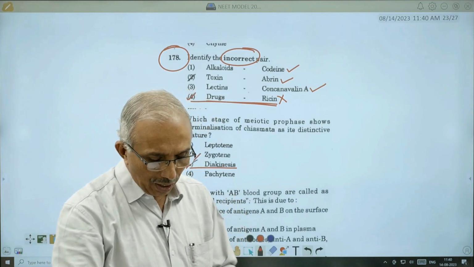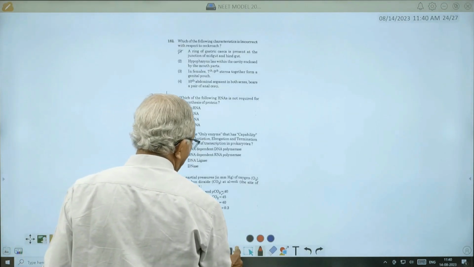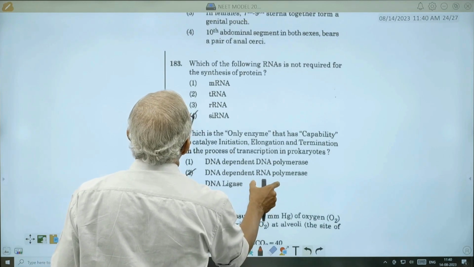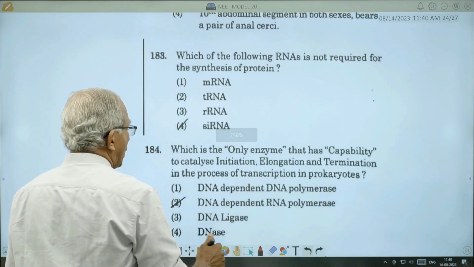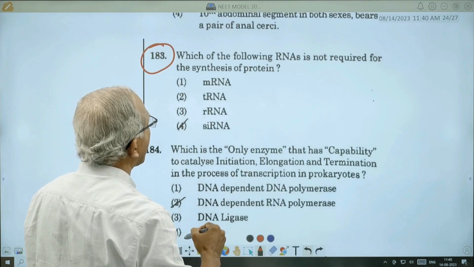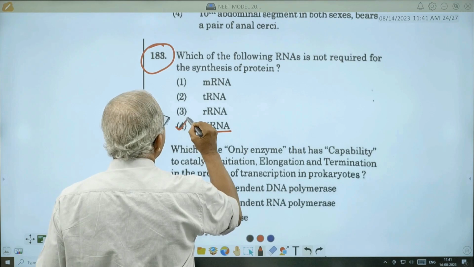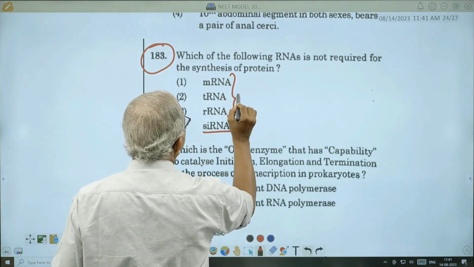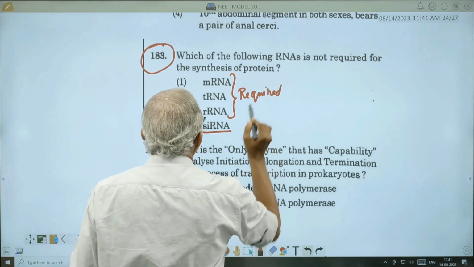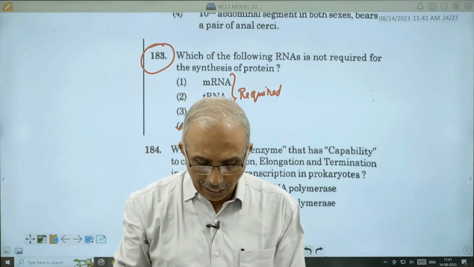Next question: which of the RNA is not required for synthesis of protein? They are all required for protein synthesis: mRNA, tRNA.